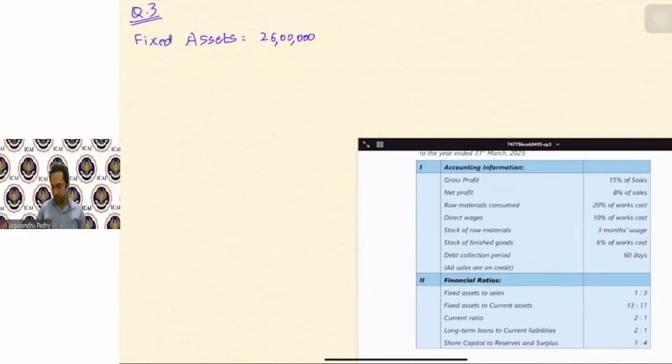Yes, sir. You can get the value of sales by simply looking at the fixed asset to sales ratio. Now, the fixed asset to sales ratio is 1:3. So we'll use fixed asset upon sales is 1/3.